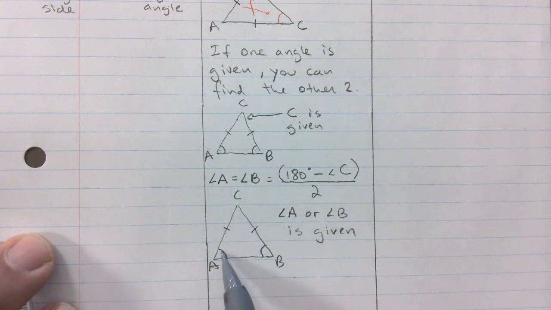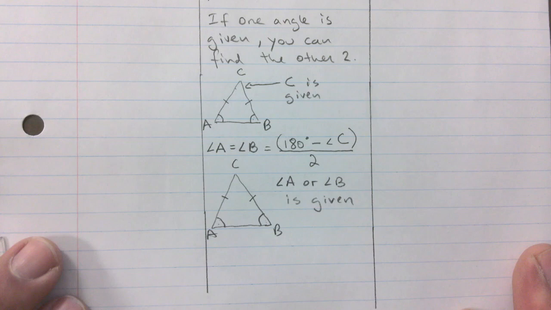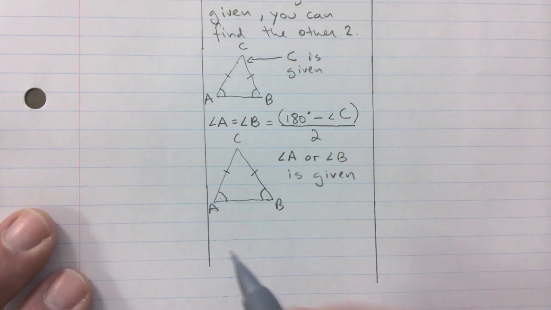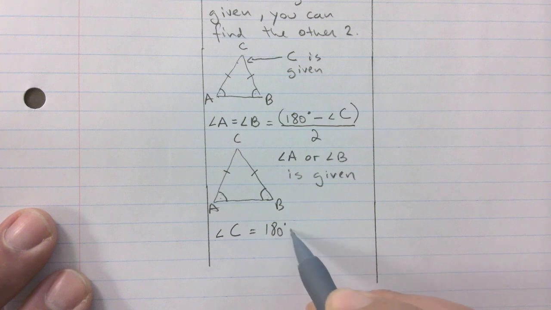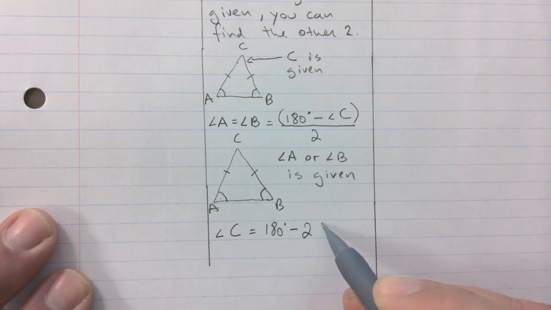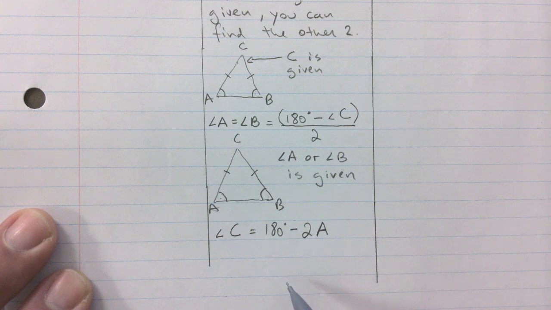So let's say they give you either one of the ones that are equal. Then angle C is going to be 180 minus 2 times angle A. And I would box these in.